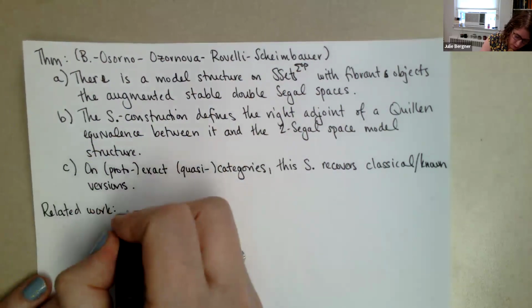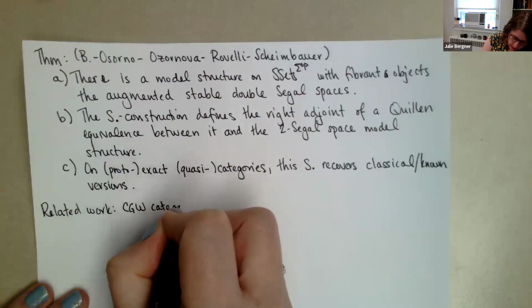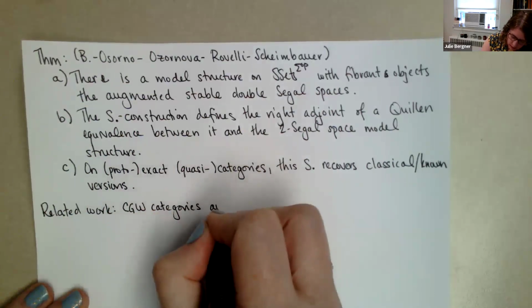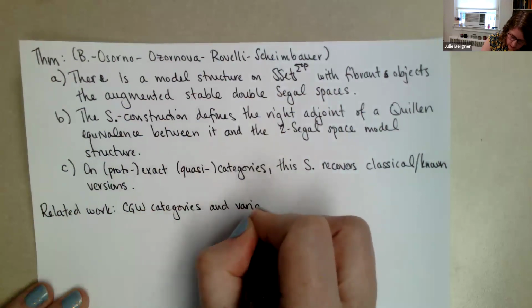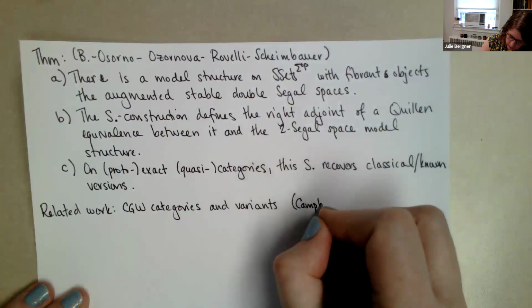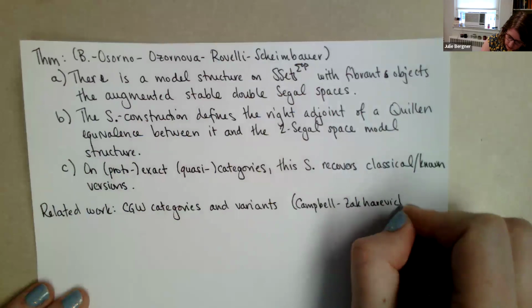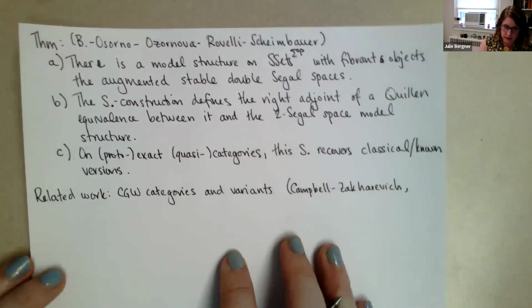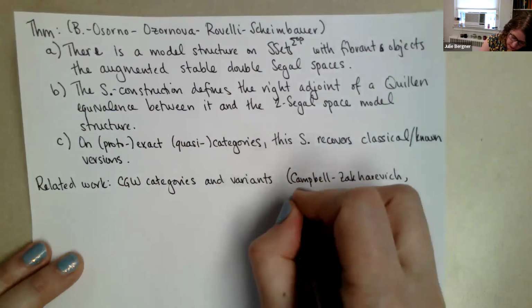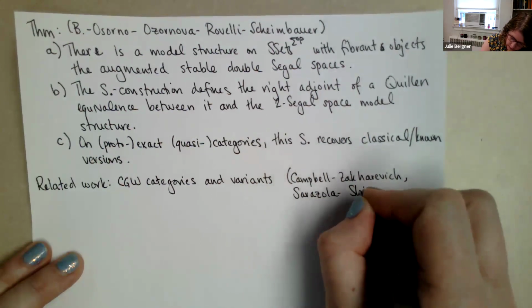There's been some recent work about what are called CGW categories and their variants. The CGW categories were first defined by Campbell and Zakharevich. And there's also been some variants in a recent preprint of Sarazola and Shapiro.